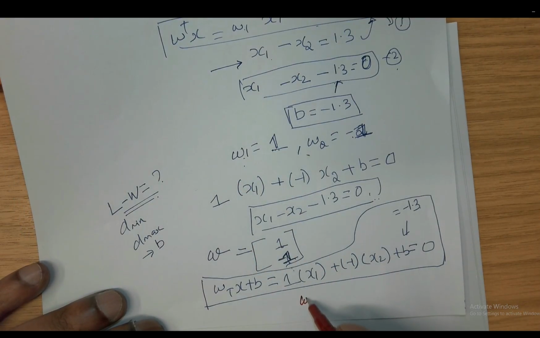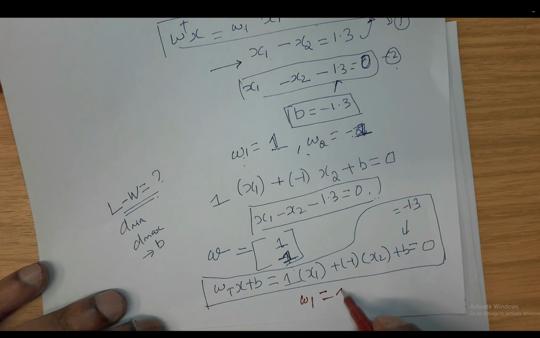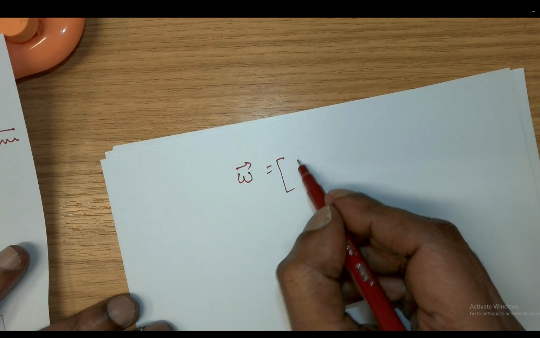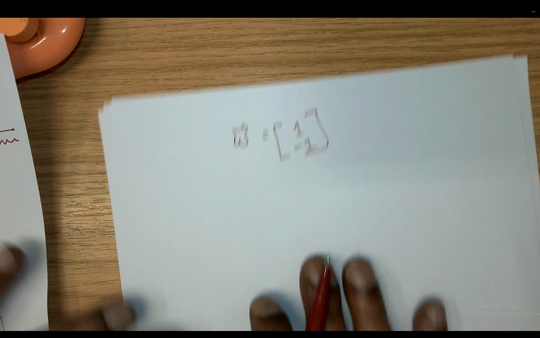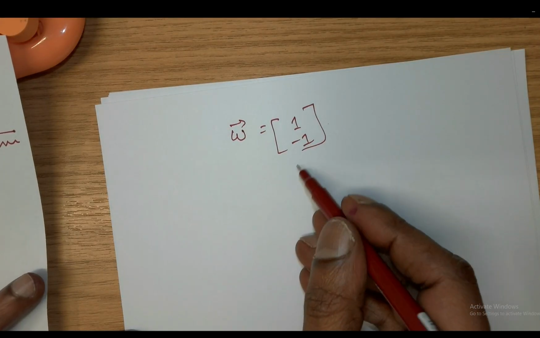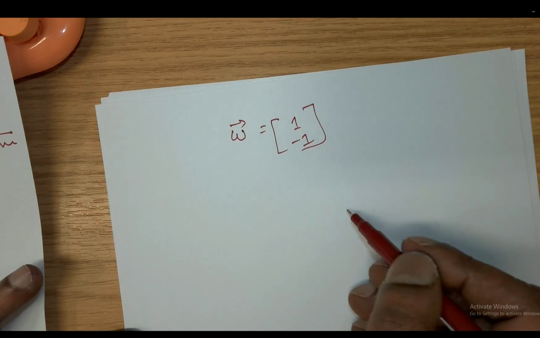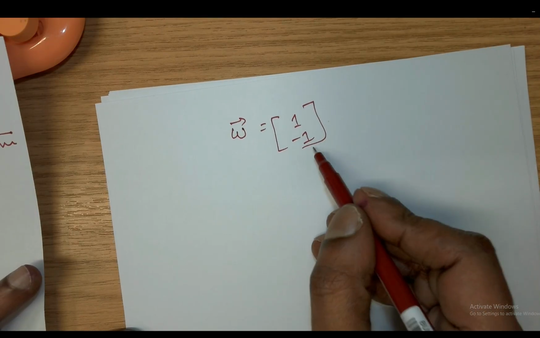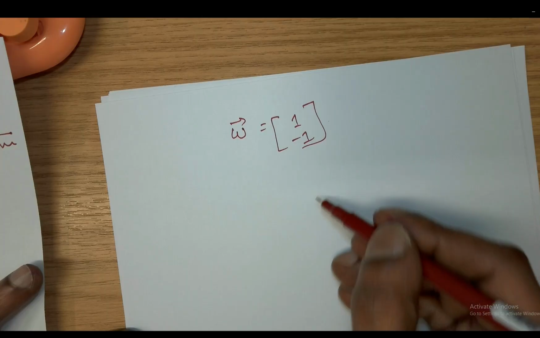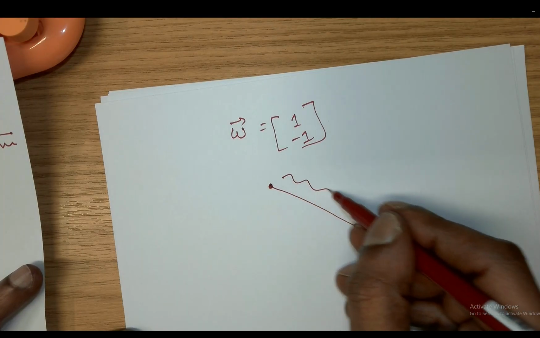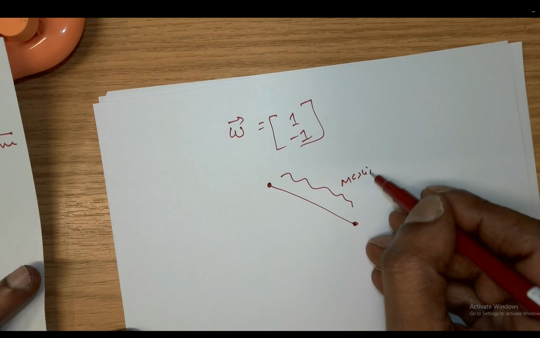W1 equal to 1, W2 equal to minus 1, or in other words, I can prove that W vector is 1 comma minus 1. So this is the right direction where you can separate your data into two different categories. So this is the right direction where the separation between D minimum and D max will be maximum. I can prove this one.